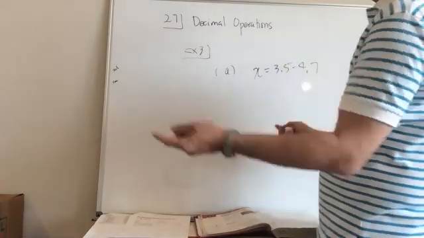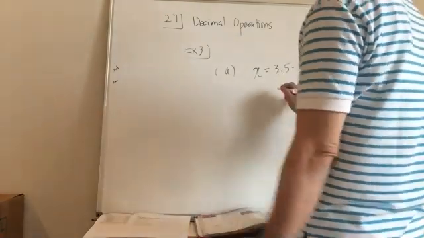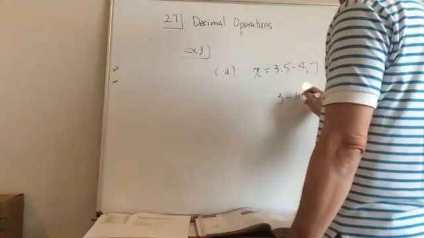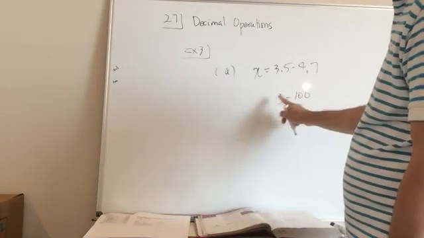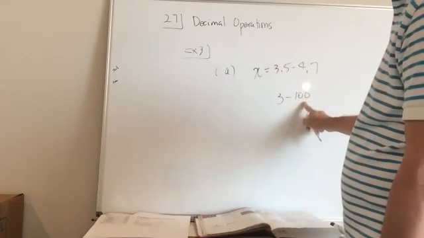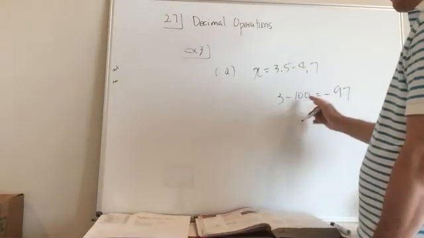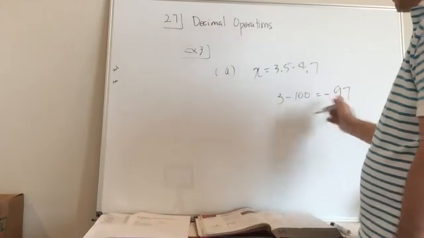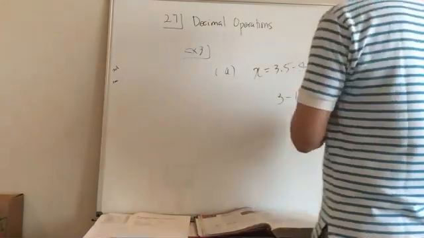And that's why I'm going to get the negative number. It's the same thing as if you have 3 minus 100. I have a positive number here, but the negative number is larger, so I'm going to get a negative 97, because the difference is 97. Good question.